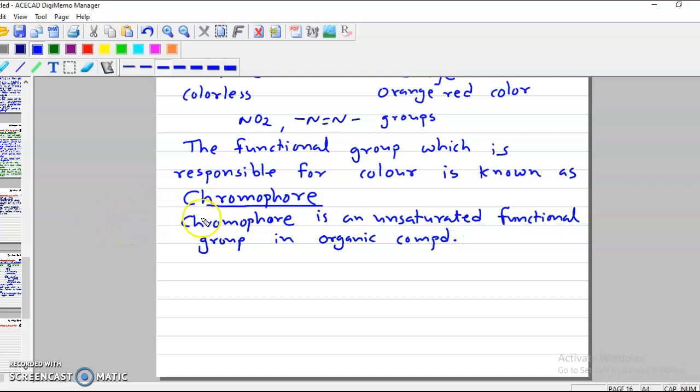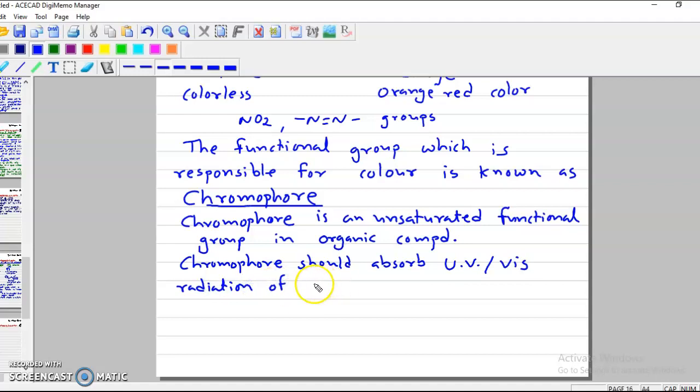The second condition for chromophore is that it should absorb UV visible light or radiations of range 200 to 800 nanometer. This is the second condition for being a chromophore.